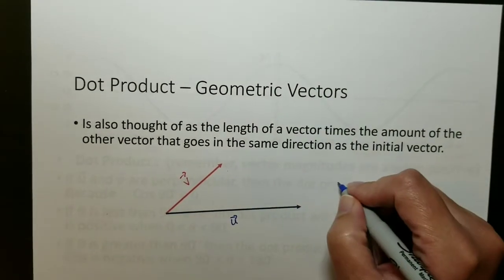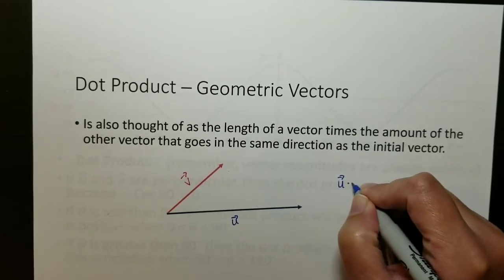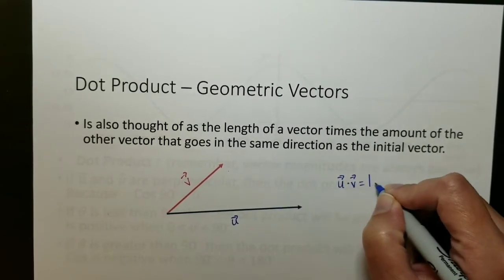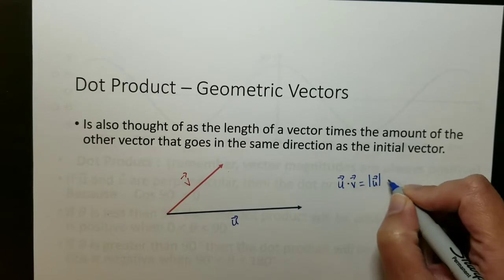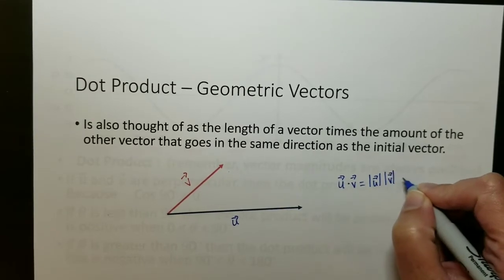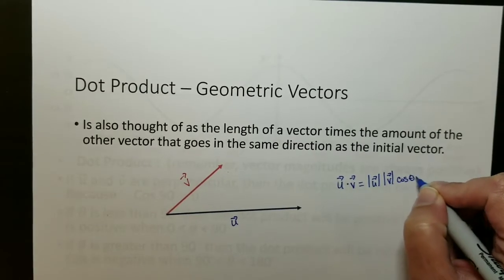From the equation, it's the magnitude of u times the magnitude of v times cos theta.